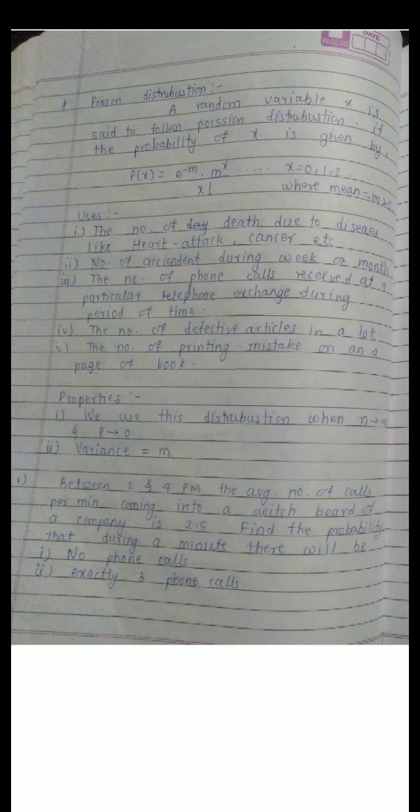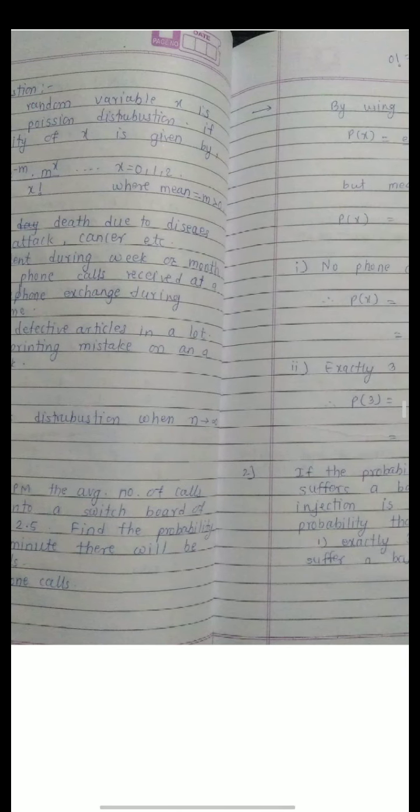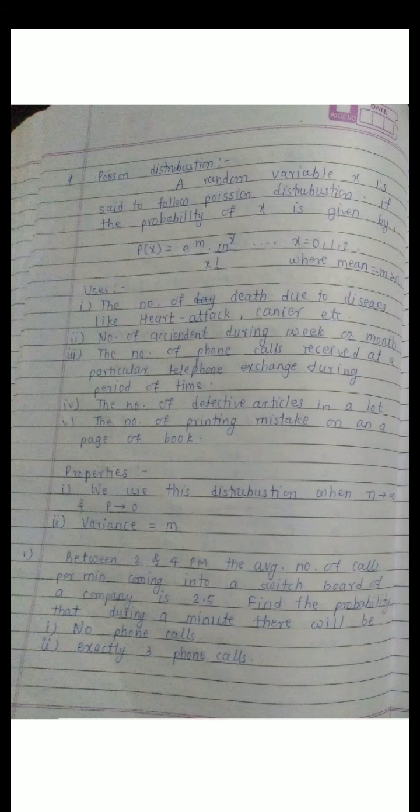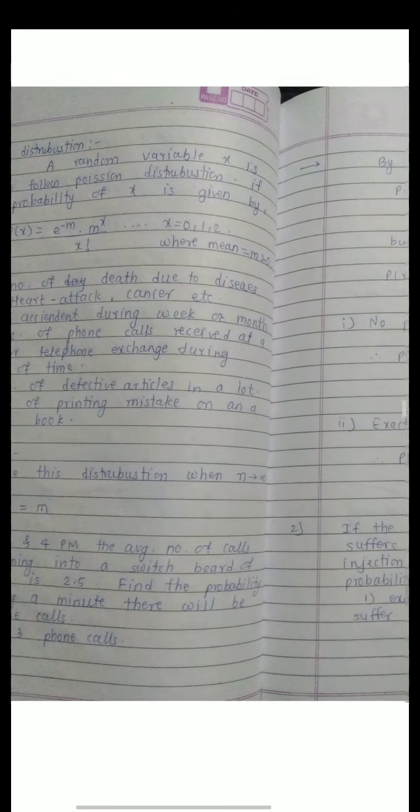Such questions are very simple. Just write the probability distribution function, then the mean is given in the question, replace this value in the formula, and then we know how to find the target.